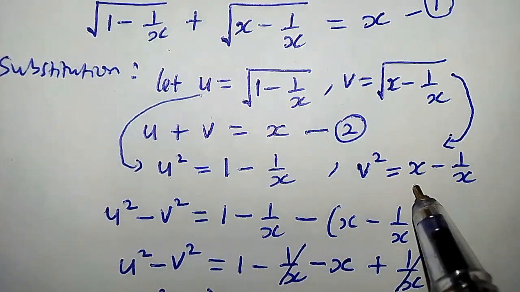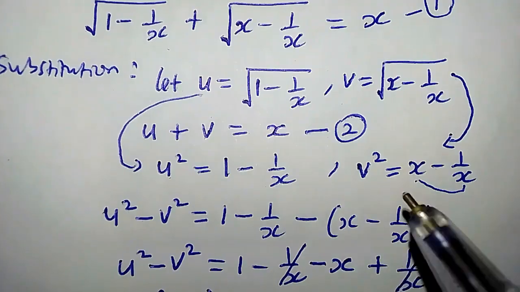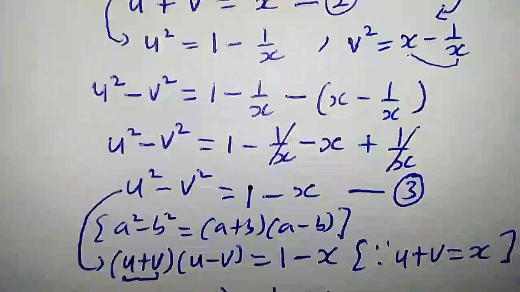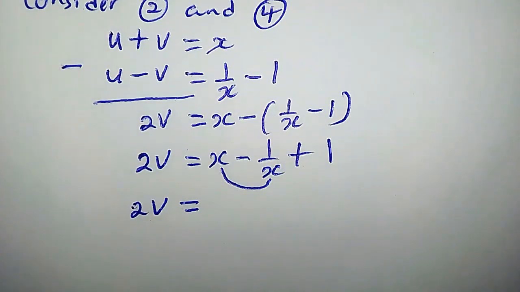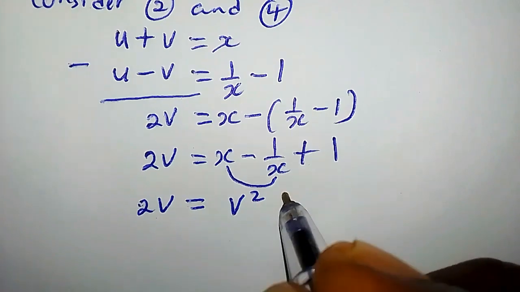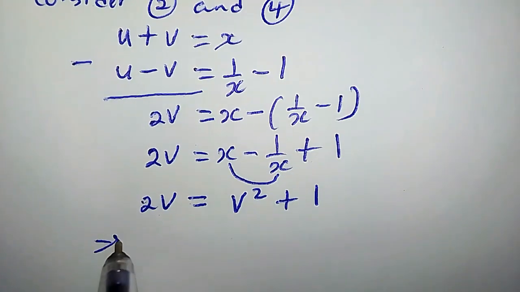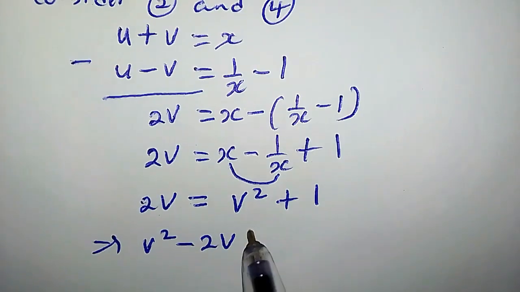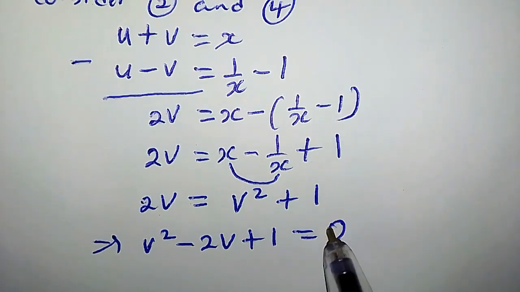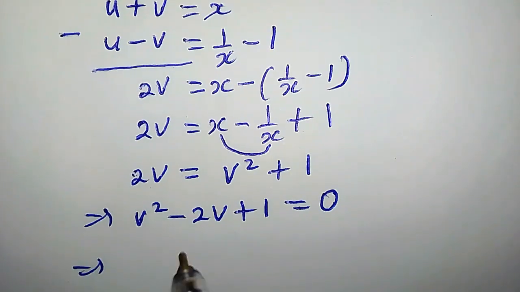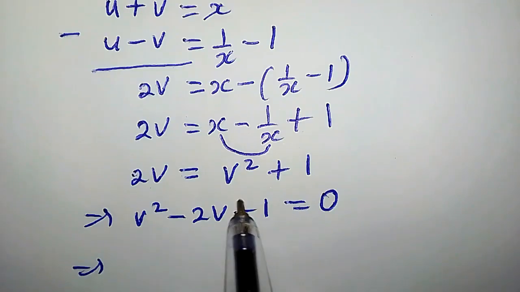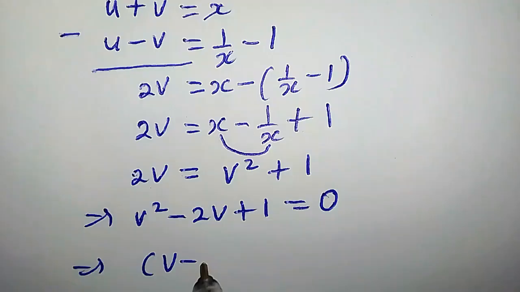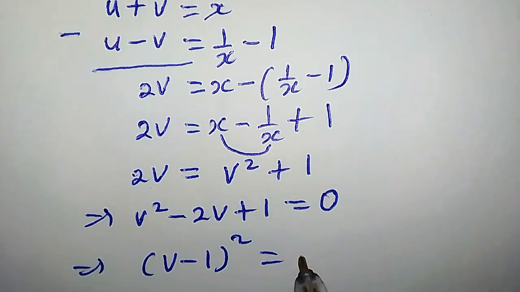You can see x minus 1 over x is v square. So let us plug in v squared here. So we have v square plus 1. This implies that v square minus 2v plus 1 is equal to 0. This also implies that if we factor out this left hand side very well, we are going to have v minus 1 all squared equal to 0.